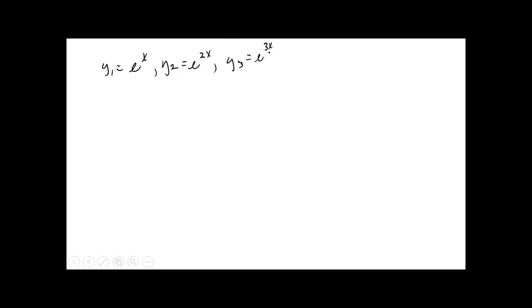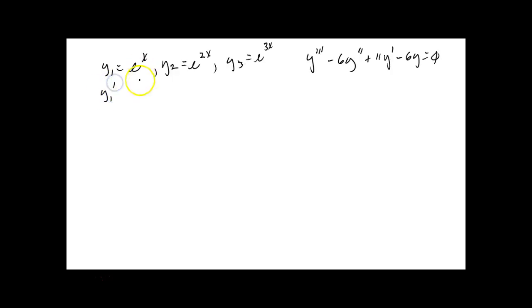It says those three functions satisfy the third order differential equation y triple prime minus 6y double prime plus 11y prime minus 6y equals 0. Linear, homogeneous, third order. They've given us three solutions, which should be all that you need. We ought to quickly check and make sure they are indeed solutions.